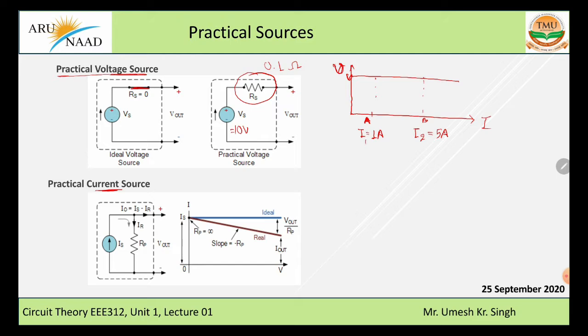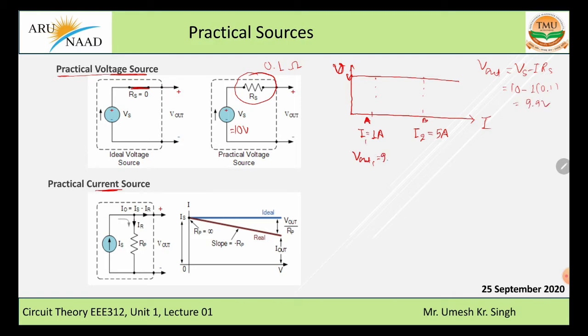First, the expression of V output. What is V output? I am writing here. V output will be nothing but Vs minus I into Rs. So Vs is 10, I is 1, Rs is 0.1, so it will be 9.9 volt.